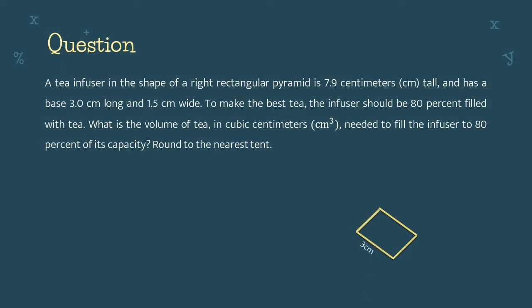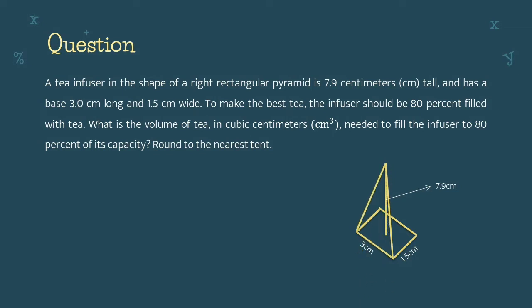This is 3 centimeters, this is 1.5 centimeters, and then it is 7.9 centimeters tall. So if we went from the center and started up, it's 7.9 centimeters tall. So this dimension right over here is 7.9 centimeters, and it's a right rectangular pyramid.